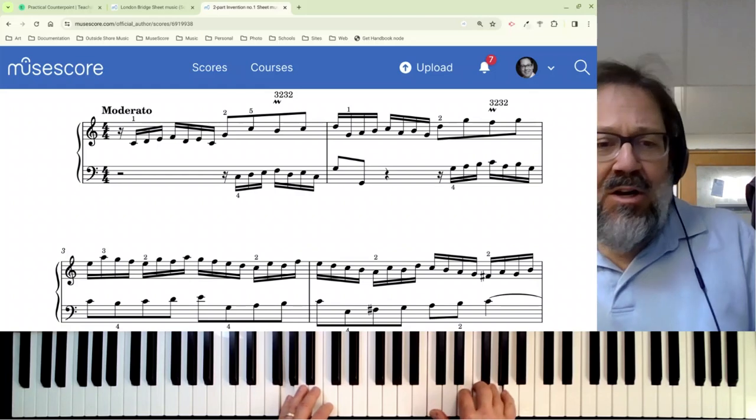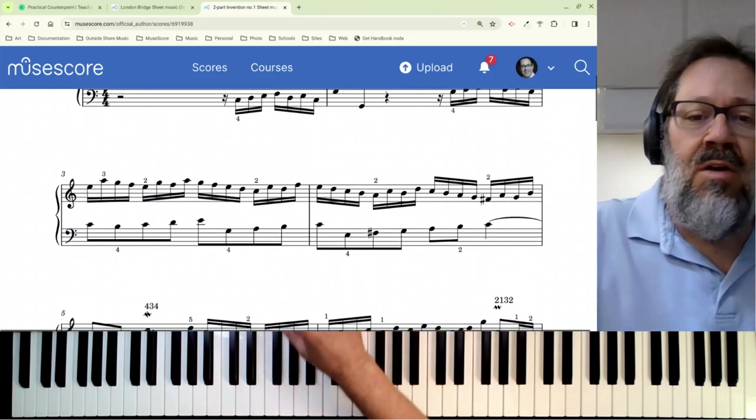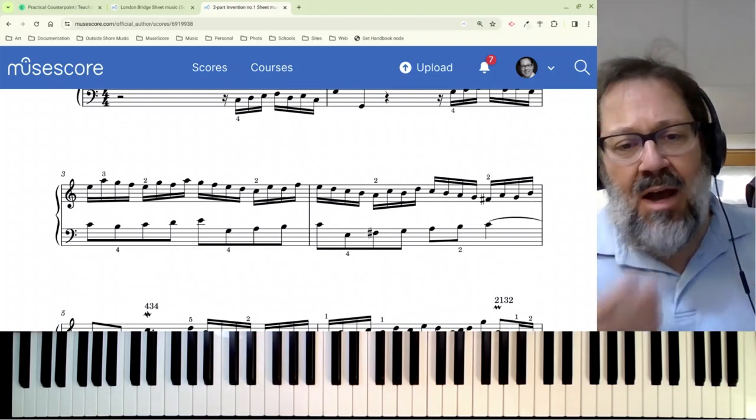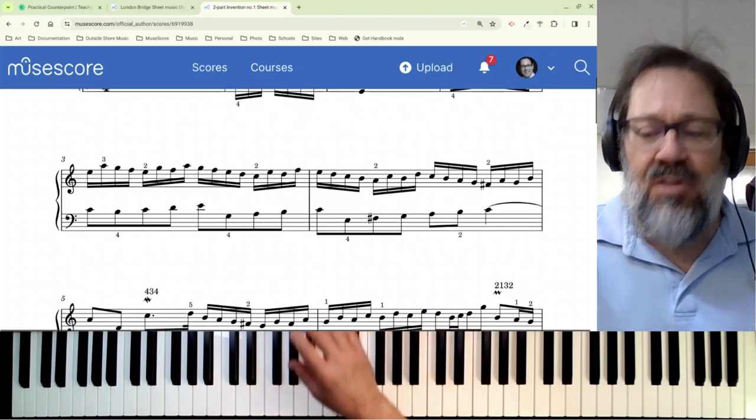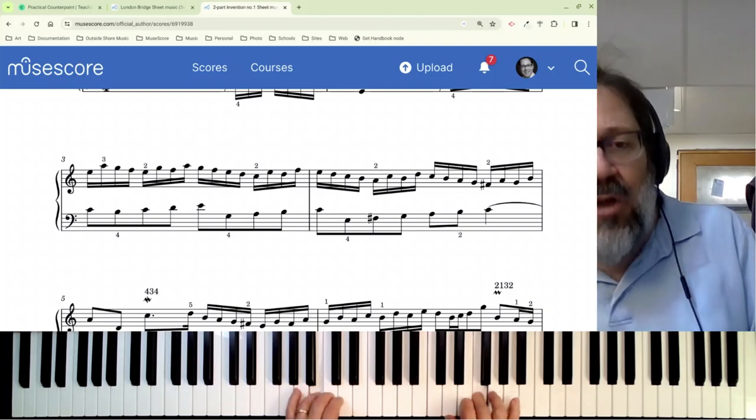And then we have a whole series of phrases where the top voice is carrying all the 16ths, and it's mostly 2 to 1, right? 2 16ths against 1 8th note.